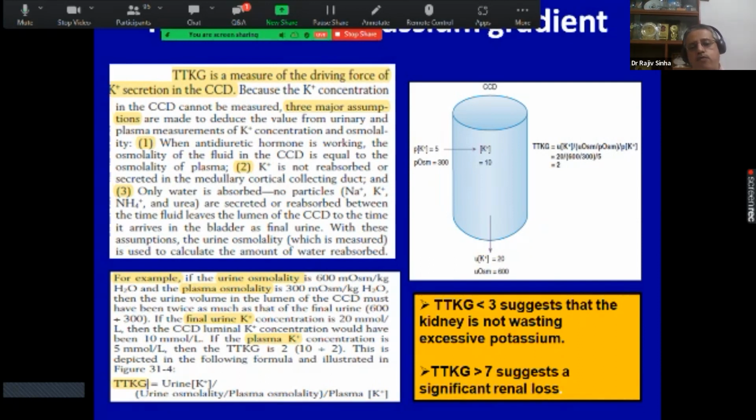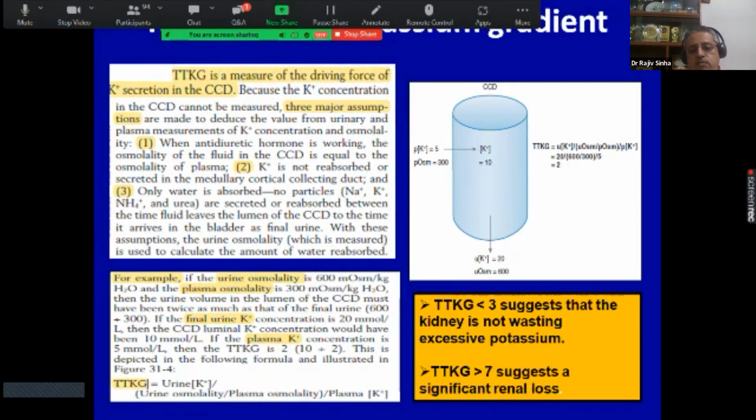And for its interpretation, you need to have two or three assumptions. One is that your antidiuretic hormone needs to be working. Second is that your urinary sodium should be more than 20.